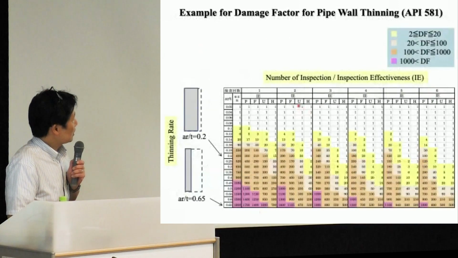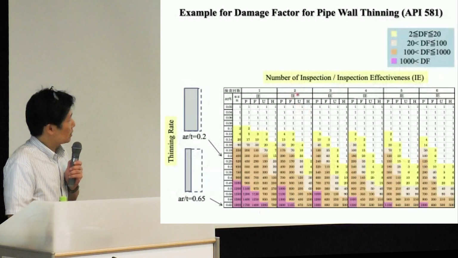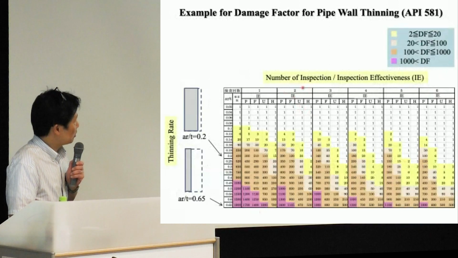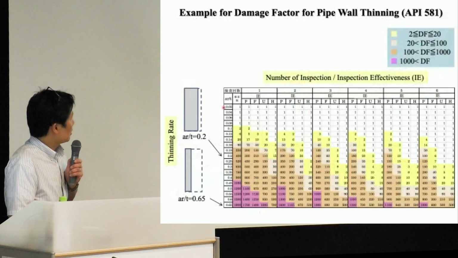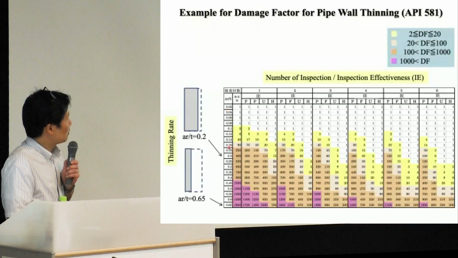Basically, the maintenance engineer looks at this table. For example, if the current thinning rate is, for example, 0.16, if you don't apply inspection, the damage factor is 19.